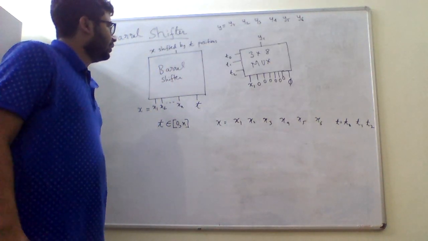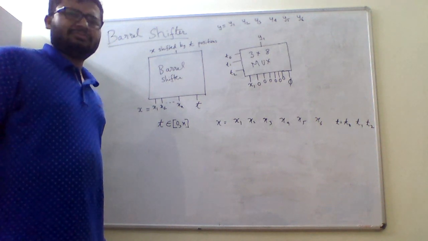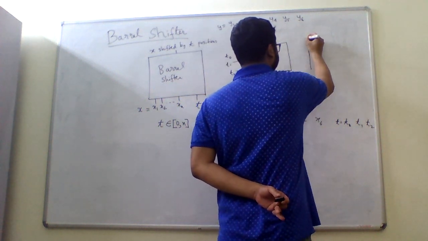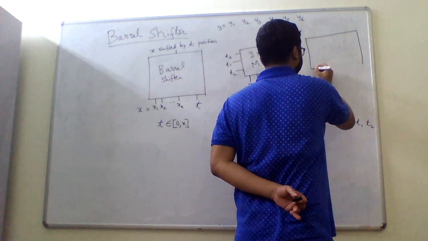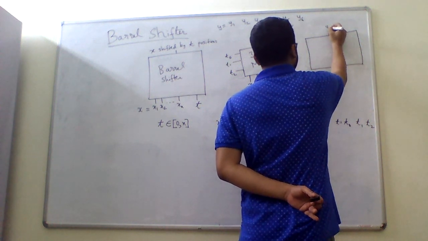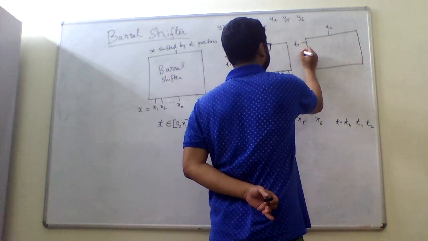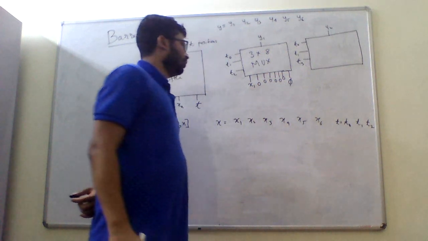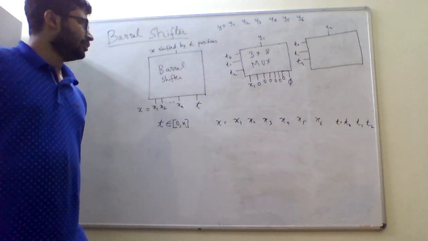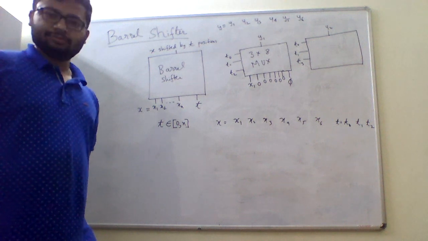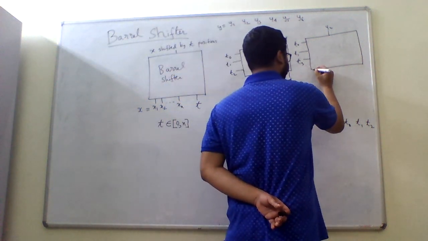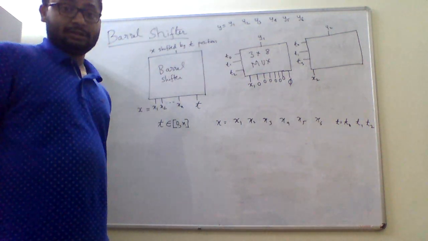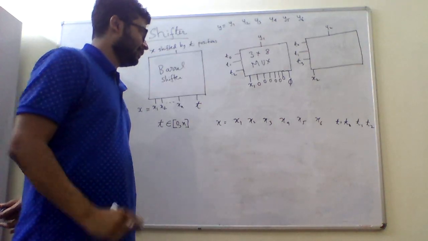Okay, y2. So if t is 0, then y2 is equal to x2, no shift. If t is 1, then y2 is equal to x1, shift by 1 position.